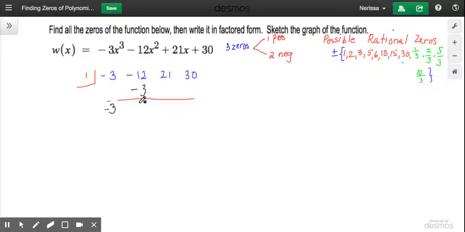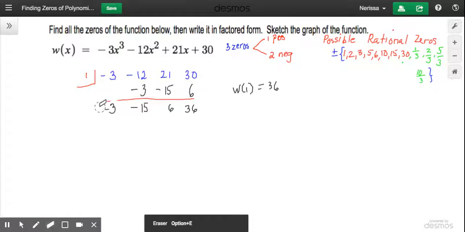And -12 minus 3 is -15. -15 times 1 is equal to -15. 21 plus -15 is 6. And 6 times 1 is 6. Now we know that this is not 0, it's going to be 36. So what this is telling us is that W of 1 is equal to 36. So therefore, 1 is not a 0 of W of x.